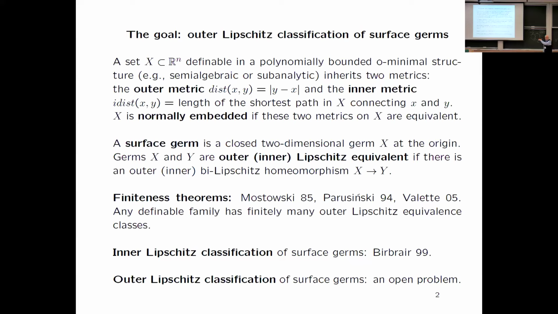So the inner classification is more or less easy. Essentially, you just take singular arcs in your set and look at the connecting two-dimensional pieces. Everything that I'm going to do today is about a germ at the origin of a real two-dimensional semi-algebraic or definable set.